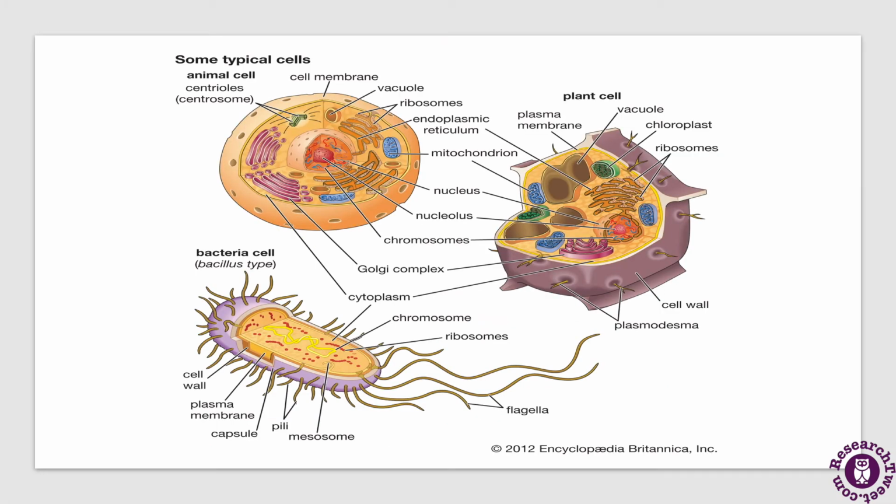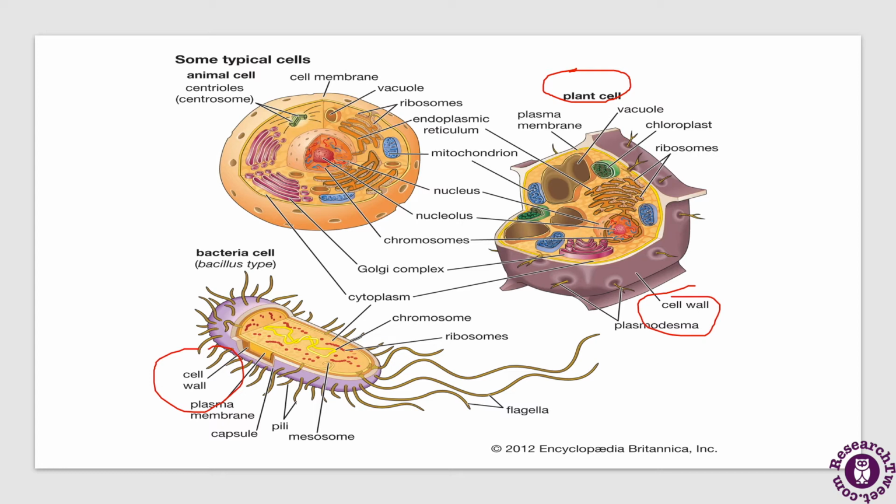As we have discussed in the previous slides, some examples of cells having a cell wall are bacteria, protists, plants and fungi. This is a plant cell in which the cell wall has been shown. This is a bacterial cell in which the cell wall has been shown.